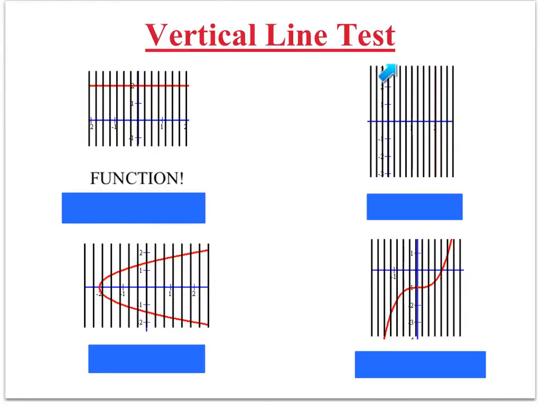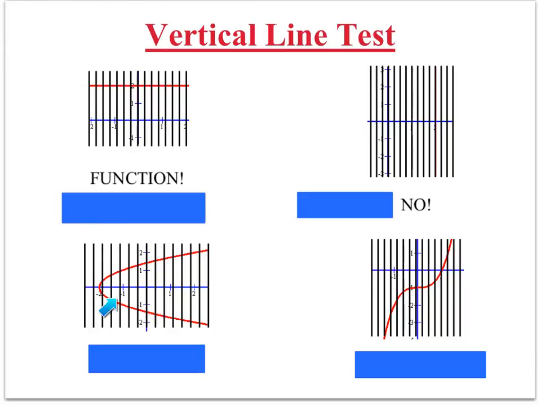If I draw several vertical lines, you will notice that the black vertical line intersects all of the red one. Because the vertical line intersects it at more than one point, this relation is not a function. It's not a function because it intersects at more than one point.